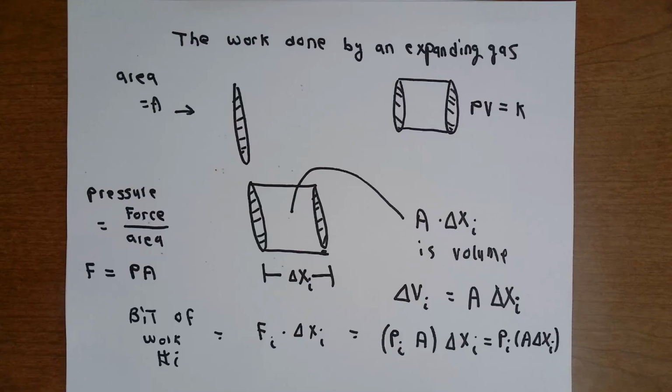Instead of thinking of multiplying delta x sub i by the number pi times a, I'm going to think of taking pi and multiplying it by the number a times delta x sub i. The reason that I want to do this is a times delta x sub i is the amount that the volume changed during this particular part of the expansion.